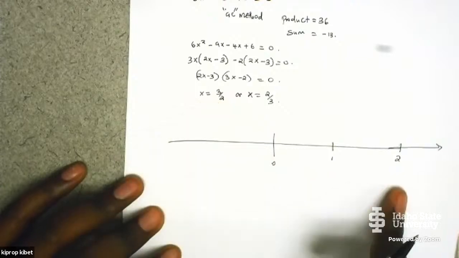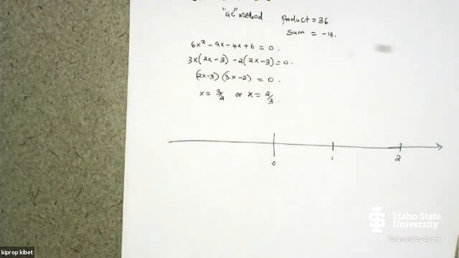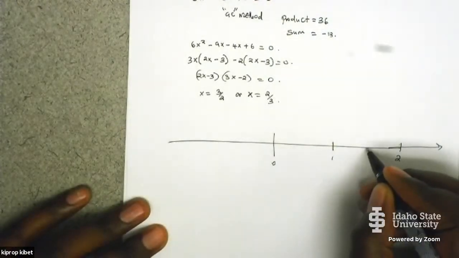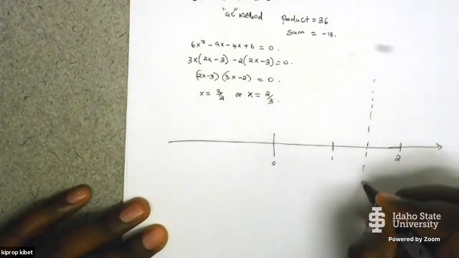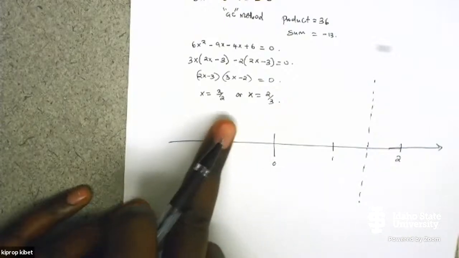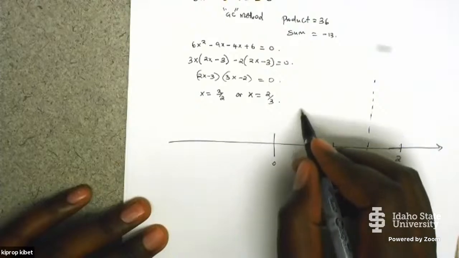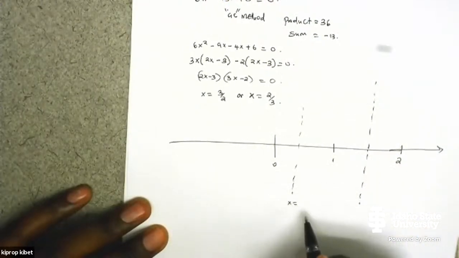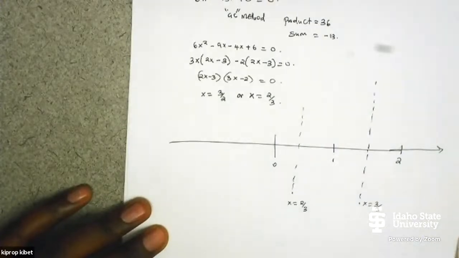So 3 over 2 is where? 1 point what? 1.5, right? So it should be somewhere here. So this is one of our regions. And then 2 over 3 is between 0 and 1, right? So let's say this one is x equals to 2 over 3, and this one is x equals to 3 over 2.